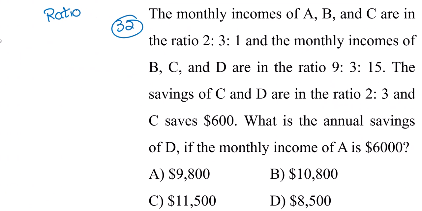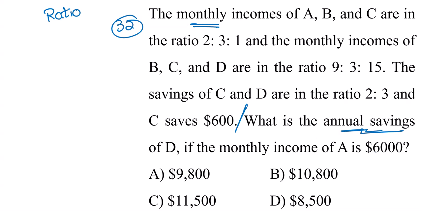Fine, see this. Monthly incomes of A, B, C, D are given, savings of C and D are given, and annual savings. Guys, this is monthly. The problem in this question is that it's monthly, but here they're asking annually, which means you should multiply by 12.